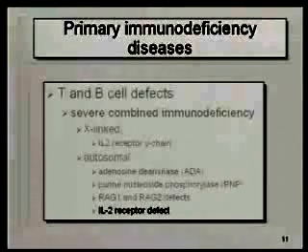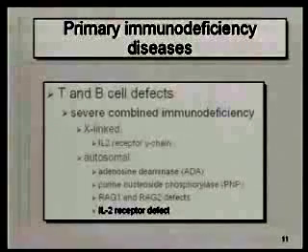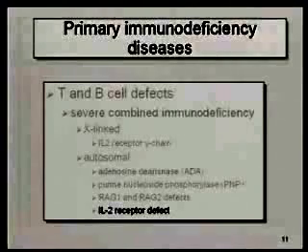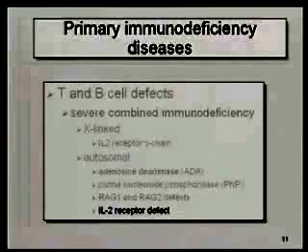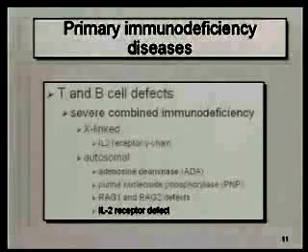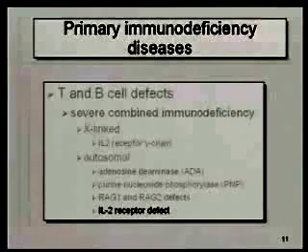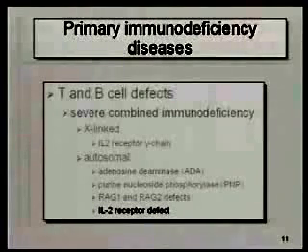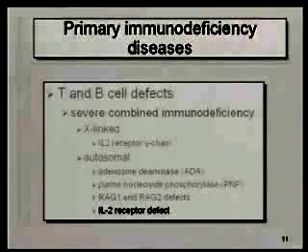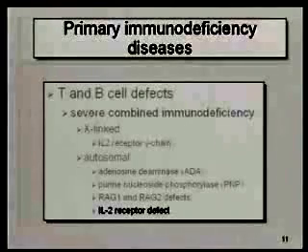They are not going to be able to interact with IL-2, and as a result, there will be no activation and proliferation of these cells. Therefore, there will be no expansion of clones. Okay? Does that make sense to you? Okay. Any other questions? Okay.